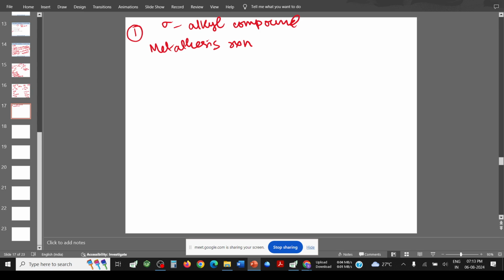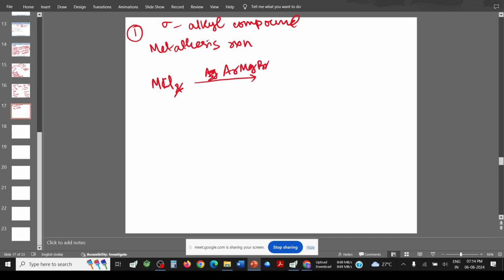Here we have any metal salt like M, and we are writing a general representation MCl2 or MClX, better to say, and we have our very famous Grignard reagent like AR, where AR is any aromatic compound or aliphatic compound, AR MgBr.